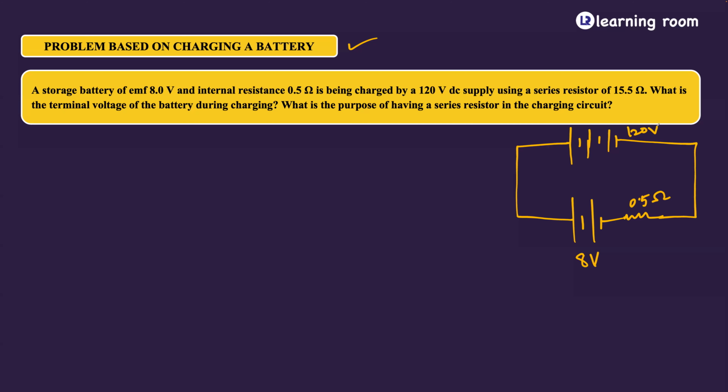This is 120 volt and it is charged using a series resistor of 15.5 ohm. Okay. Now, what is the terminal voltage of the battery during charging? So here there are two batteries. Now, which battery are they asking?